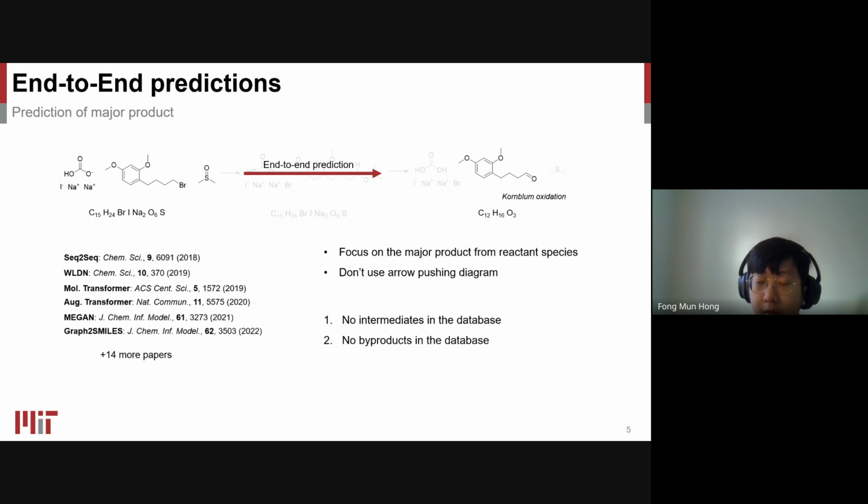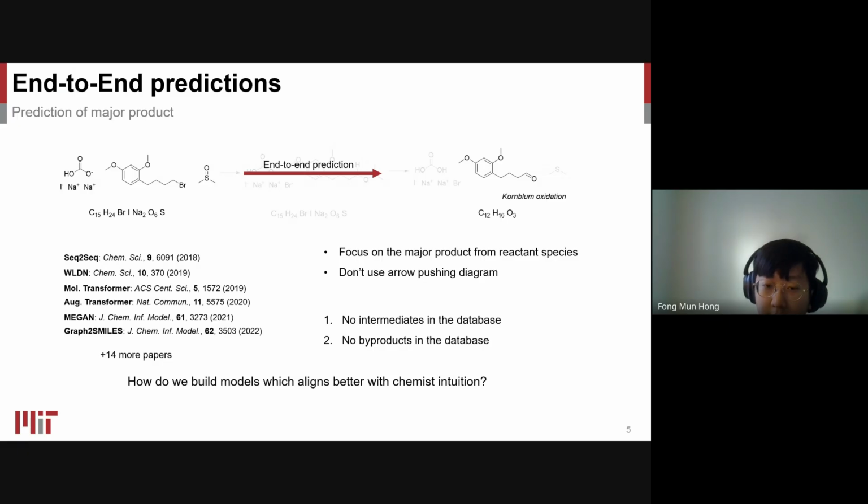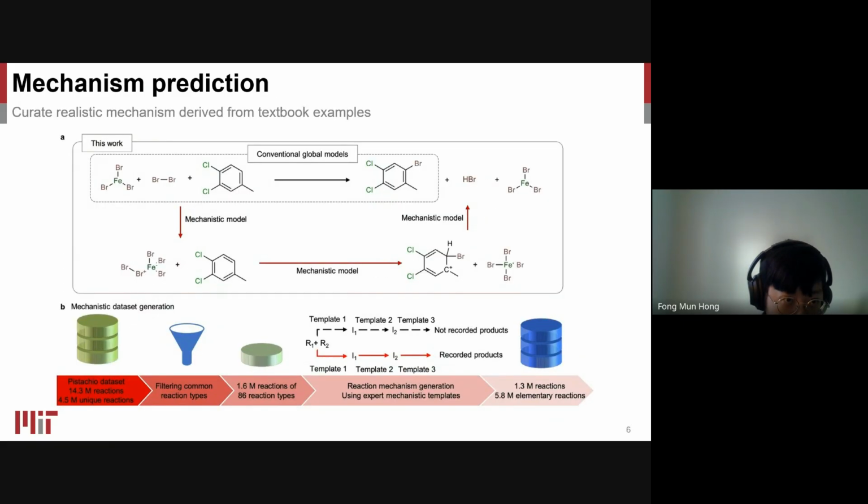Plus, there's actually limited data for mechanism prediction. So the key question that we're trying to answer from this direction is building models that better align with chemist intuition. This is where we started off.